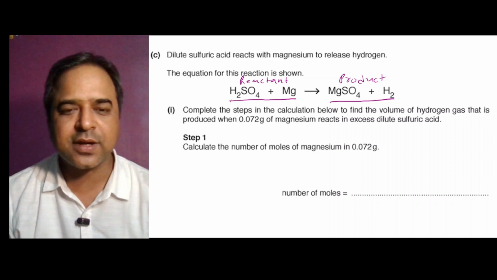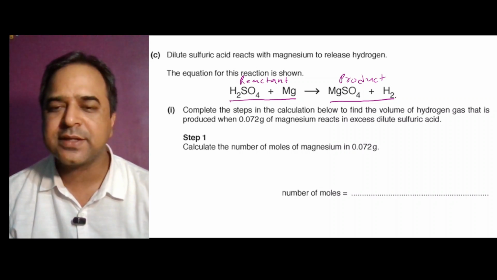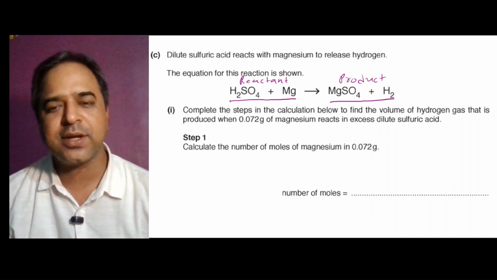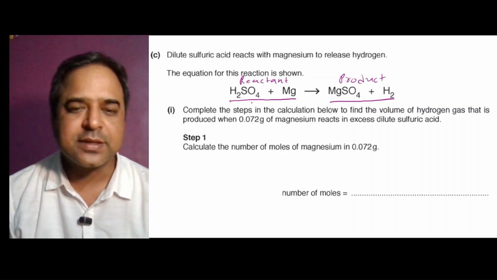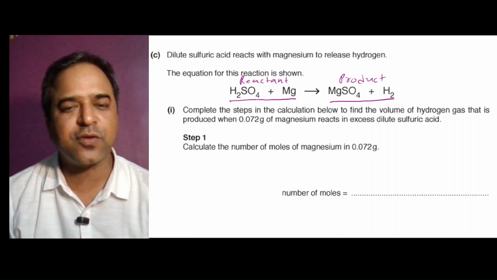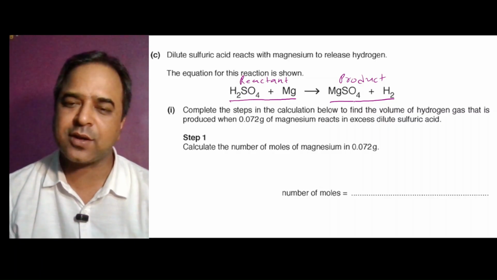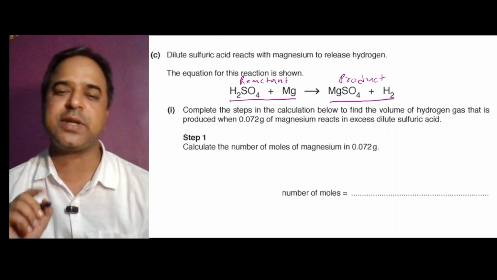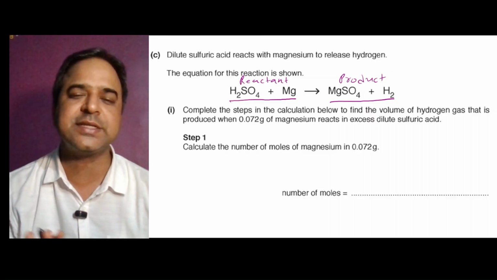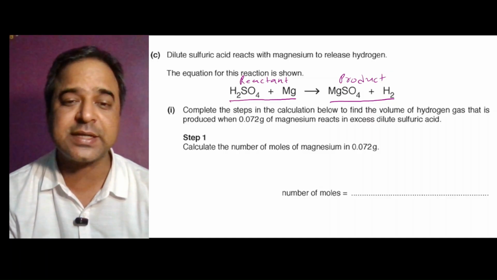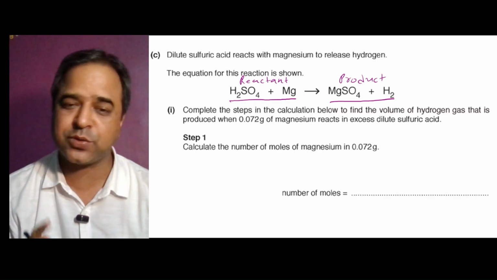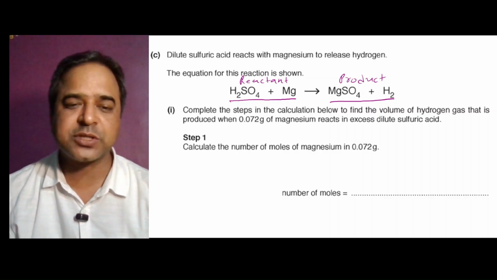Here you see there are 2 hydrogen on the reactant side, and the product side also has only 2 hydrogen. 1 magnesium, 1 magnesium. Sulfate ion, SO4, is 1 time only on the product side also. So the equation is balanced. We don't need to worry about this, but not necessary. In many questions you have to do that. Now your question begins.